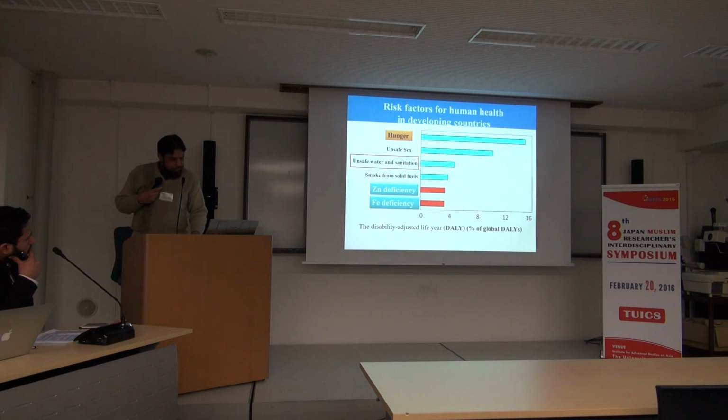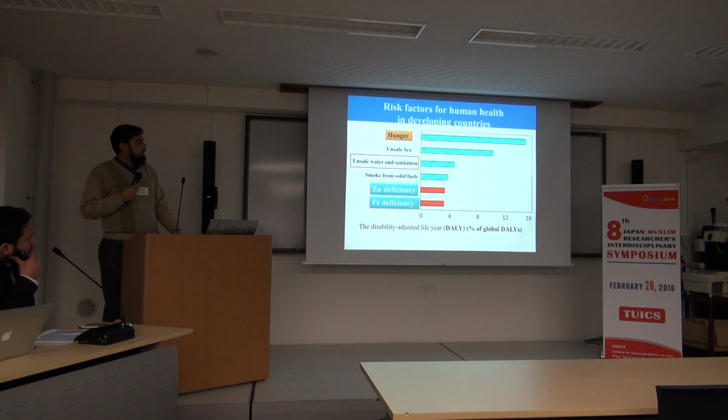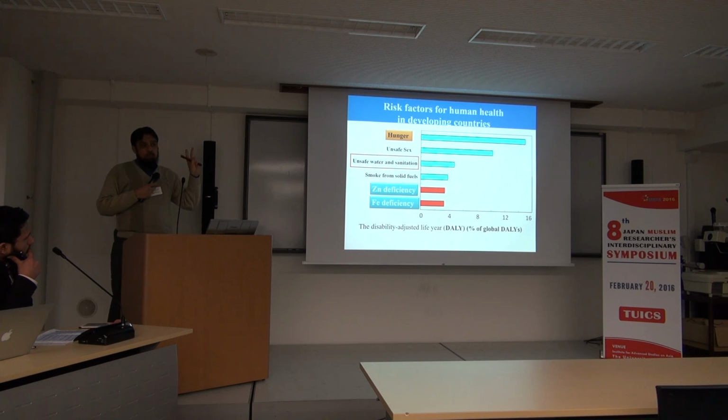Before going into details, these are a few risk factors for human health in developing countries. Hunger, everyone knows. Unsafe sex, I will not go into details. Unsafe water and sanitation. This works in two ways. We drink water directly, so we can buy mineral water.